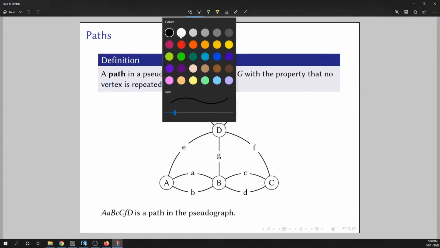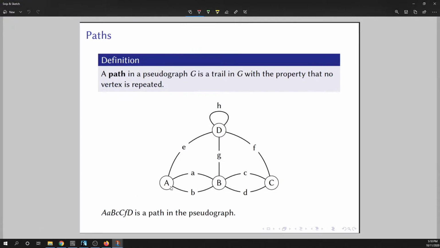All right, so our path here, we're going to start at A, and we're going to go from vertex A to vertex B using edge A, then from vertex B to vertex C using edge C, then from vertex C to vertex D using edge D. Okay, so there is a path.